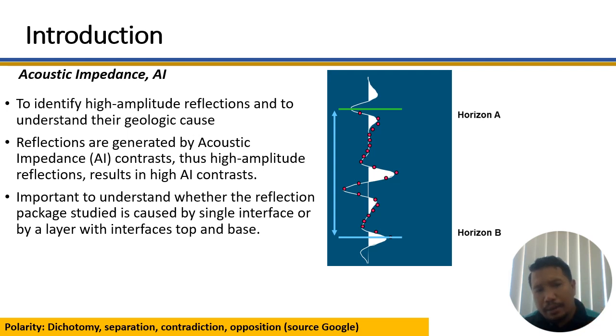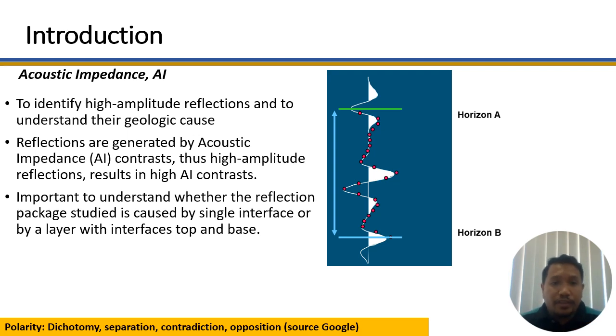Once a high amplitude reflection has been identified, we geologists can try to understand its geological cause. This can be done by considering the lithology, fluids, and structure of the subsurface. It is also important to understand whether the reflection is caused by a single interface or a layer.